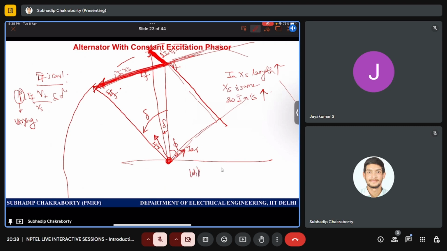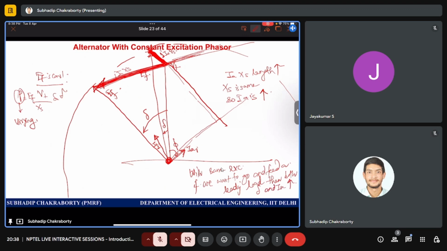So with same excitation, if we want to go and feed a leading load, then both delta and IA increase.